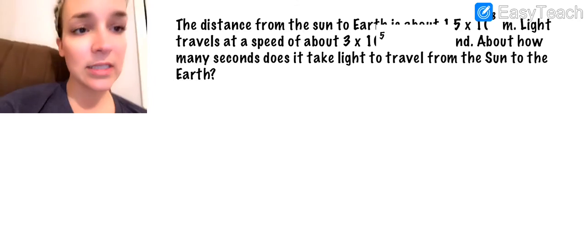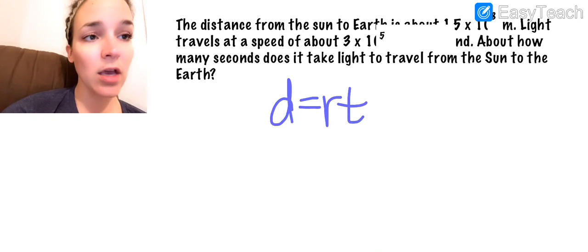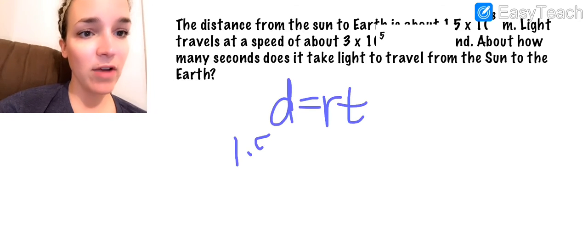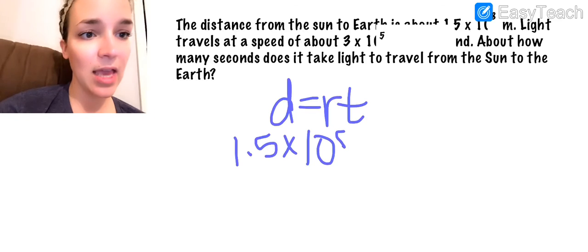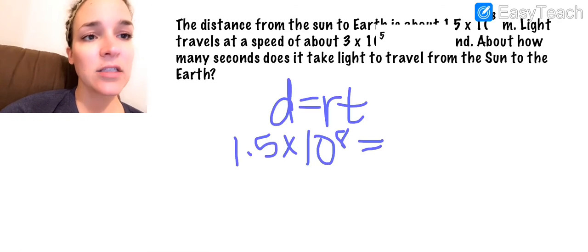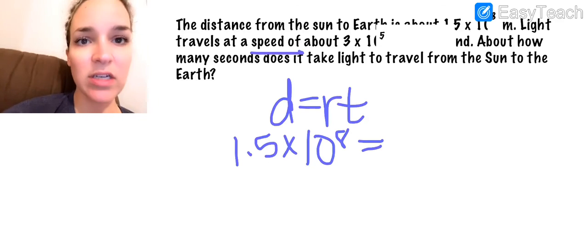All right, so distance equals rate times time. So the distance, which they tell us is 1.5 times 10 to the 8th, equals the rate. The rate that they're giving us is the speed. Anytime you see speed, that always indicates a rate.